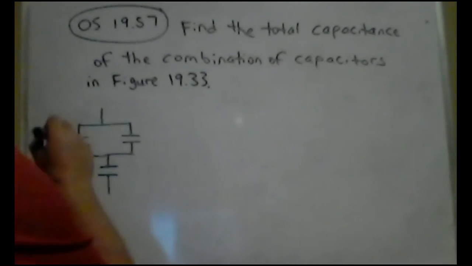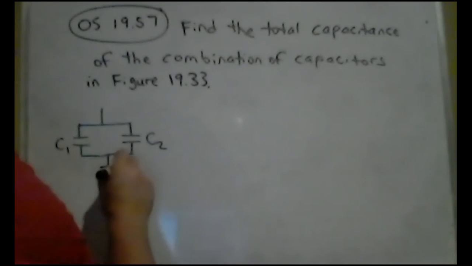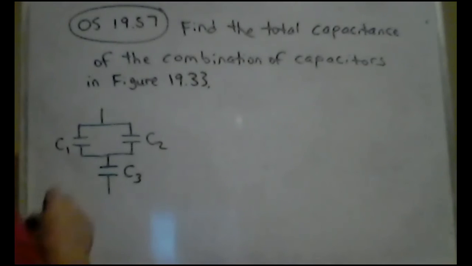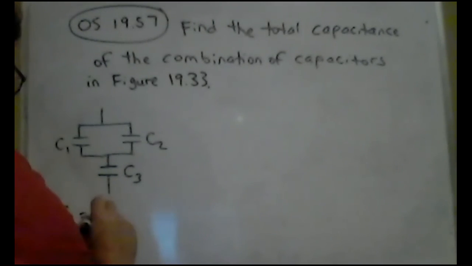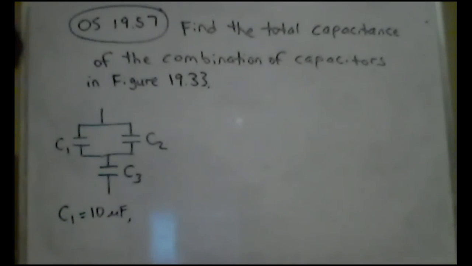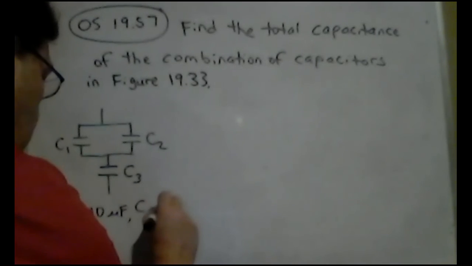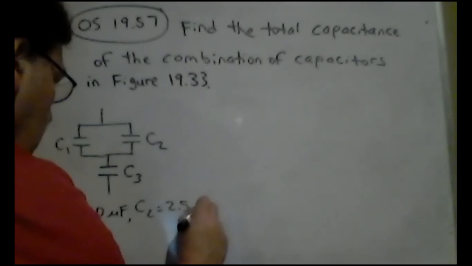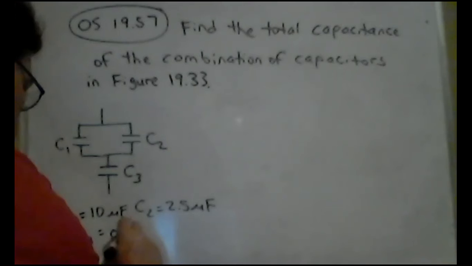So we have C1, C2, C3. I'm given that C1 is 10 microfarads, C2 is 2.5 microfarads, C3 is 0.30 microfarads.